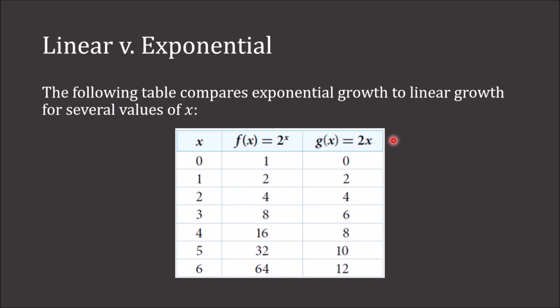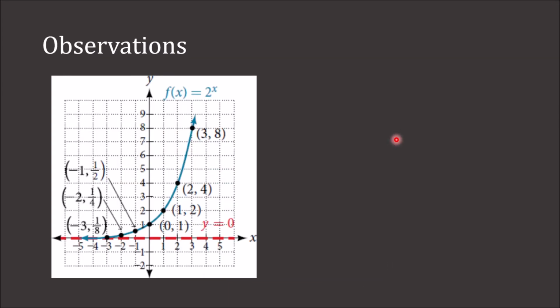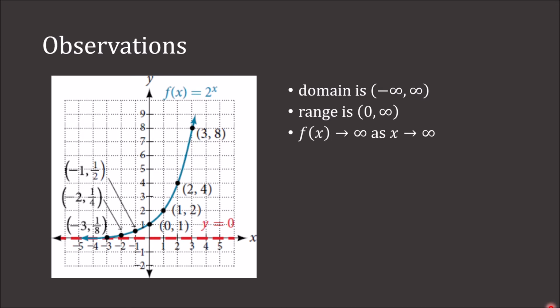So some observations. Here's a graph of the function 2 to the x. From here we can see that the domain is all real numbers. The range is all positive real numbers. F of x goes to infinity as x goes to infinity.